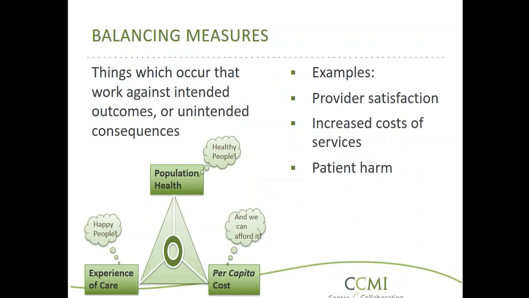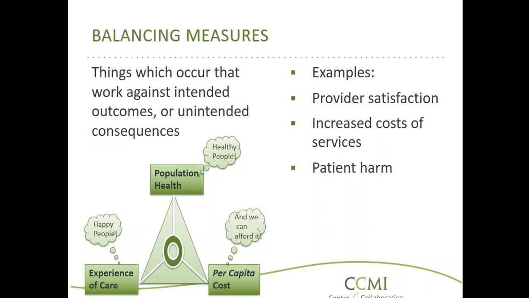And then the third measure are balancing measures. Now, these are ones that are sort of your guess at what you think might happen to the system when you try changing it, and you're trying to make sure that you capture any unintended or unexpected impacts on the system or things that might work against the quality improvement. Examples might be provider satisfaction.